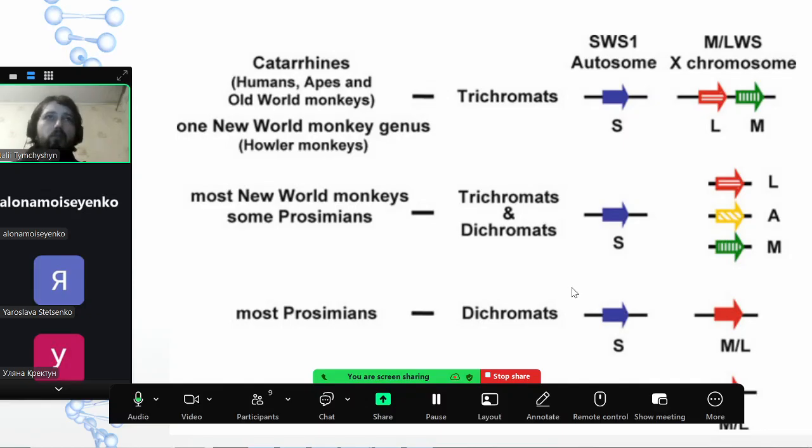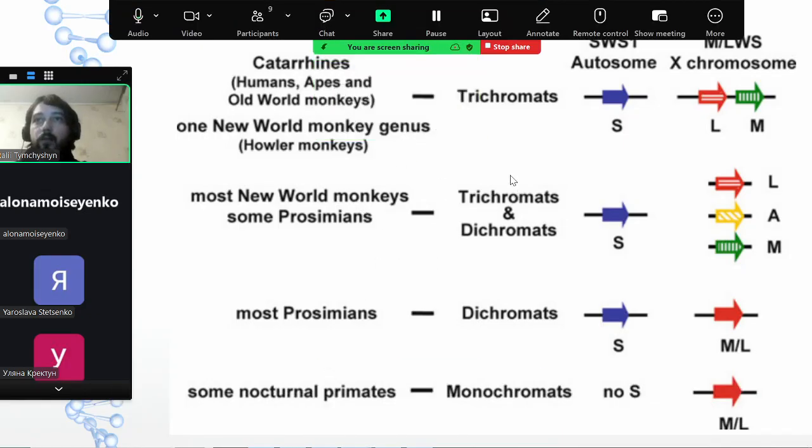I will show you more details about the human autosome in the next slide. Another two, L and M, are mostly encoded in the X chromosome. So here is the case for trichromates, like humans, different apes, and so on.